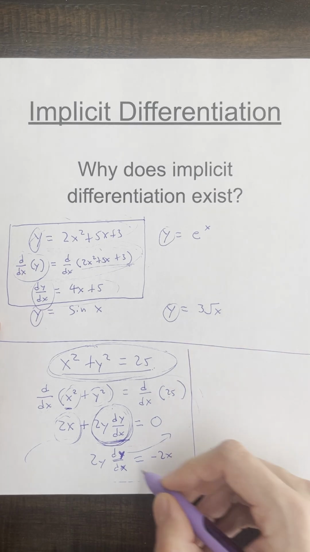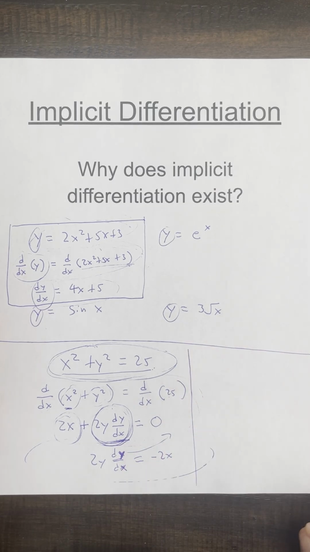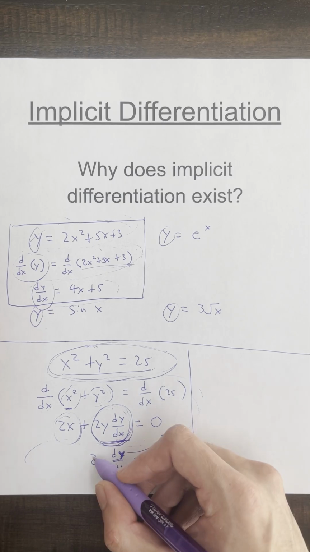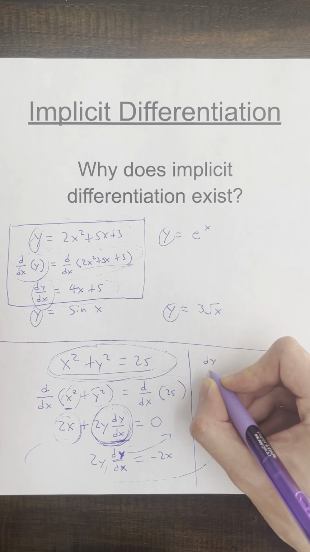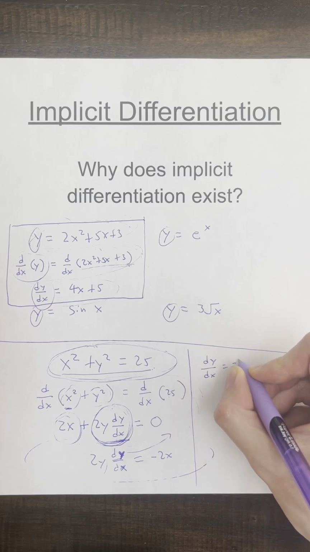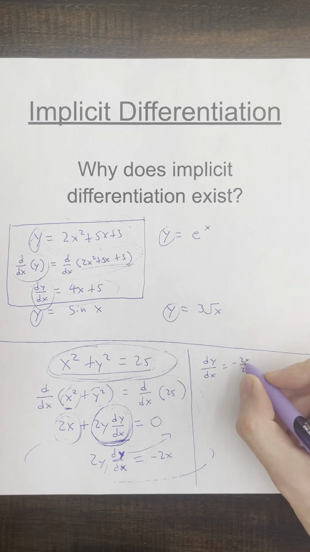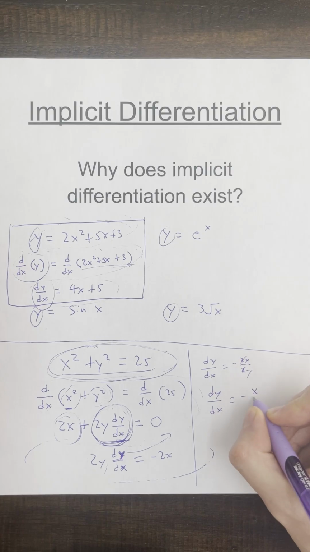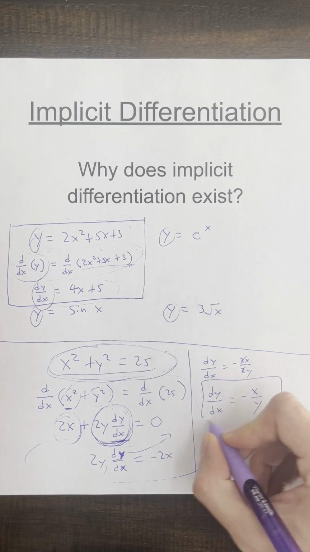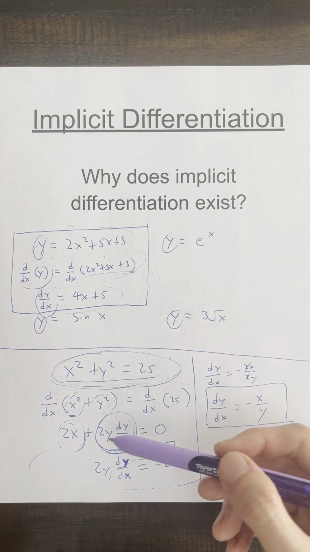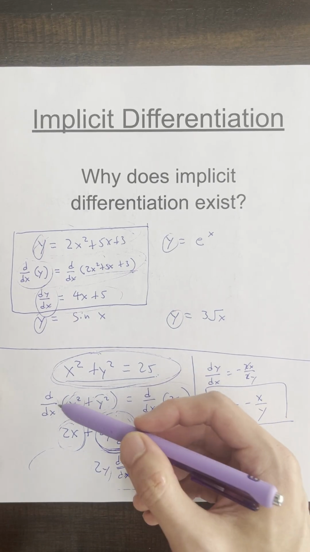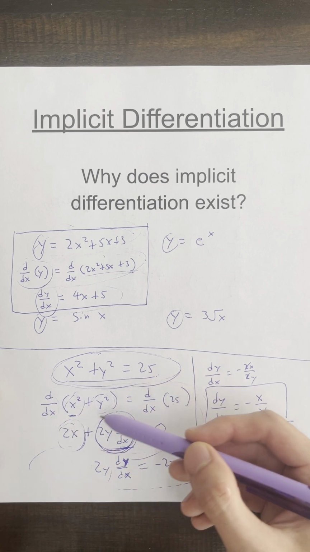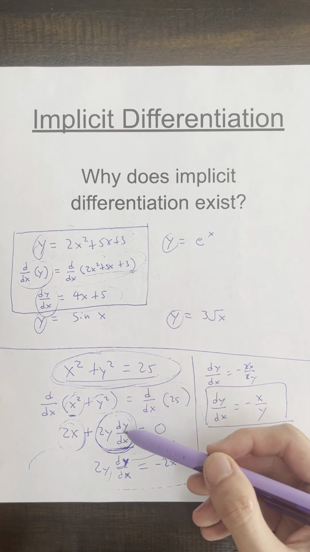And now, how do I get dy dx by itself? I need to divide both sides of this equation by 2y. And these cancel, so dy dx is equal to negative x over y. But yeah, don't worry too much about this step here. Don't worry too much about how come d dx of y squared is equal to 2y times dy dx.